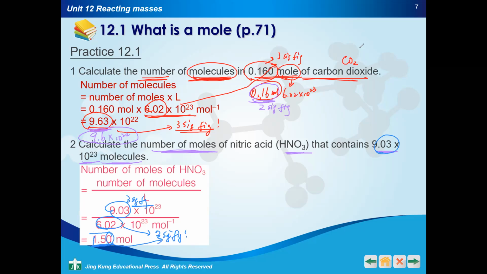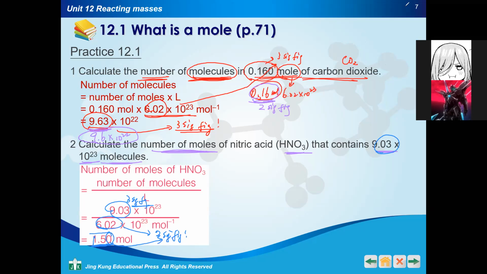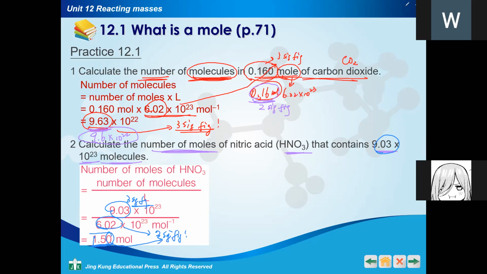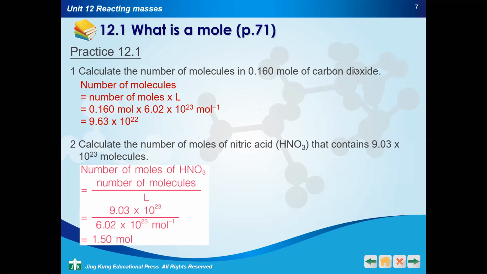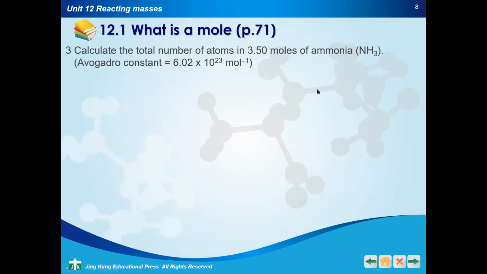Now, how about question 3? Calculate the total number of atoms in 3.50 mole of ammonia. Just like the very first example I've just shown you, are you here?